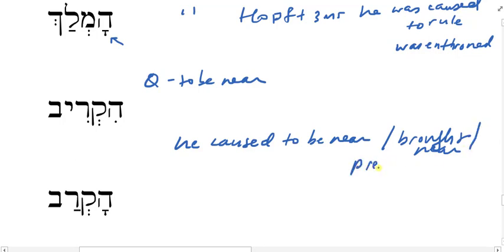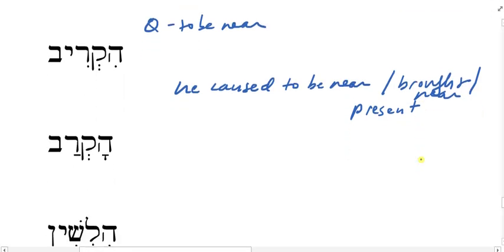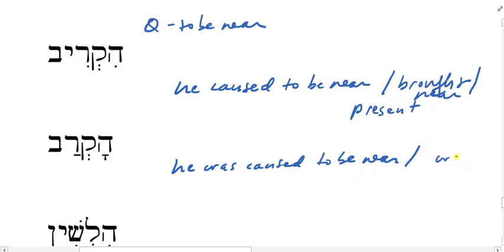May I present the king, right? I'm bringing the king near to someone to present him. Now, hokrav is the Hophal, and how would I translate that? He was caused to be near. And another way to translate that is he was, yes, he was brought near, or he was presented. Okay? So there you go.